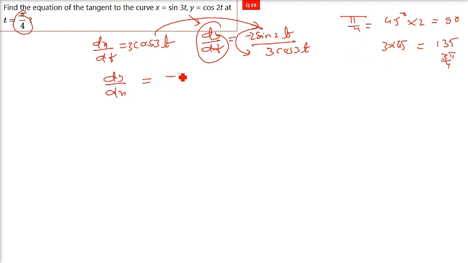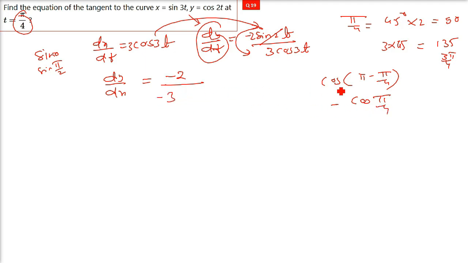So dy by dx is negative 2 sine 2t. Sine 0 is 0, sine pi by 2 is 1. So minus 2 into sine 2t will be 1, of course, divided by 3 into cos 3t. You have to use this 3 pi by 4 here. The 3 pi by 4 is nothing but pi minus pi by 4. So cos of pi minus pi by 4, cos of 180 minus theta is a negative cos pi by 4. So this is 1 by root 2 only.